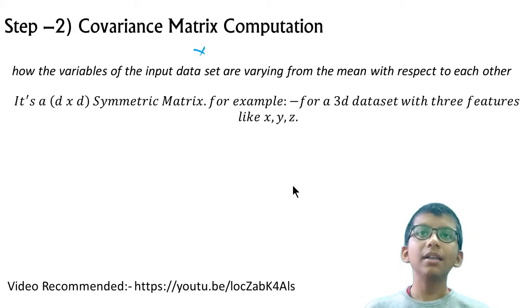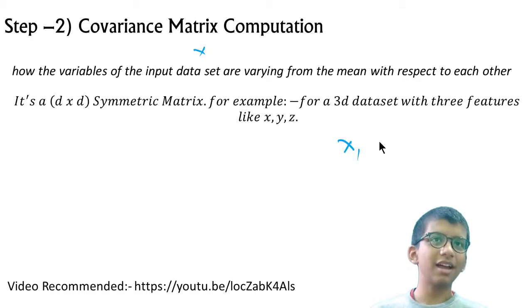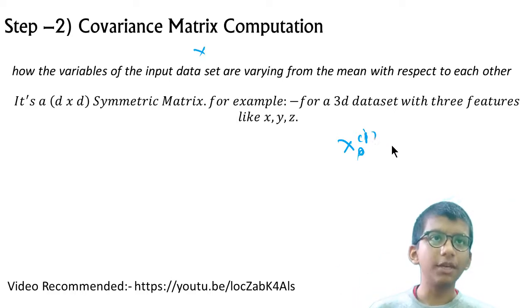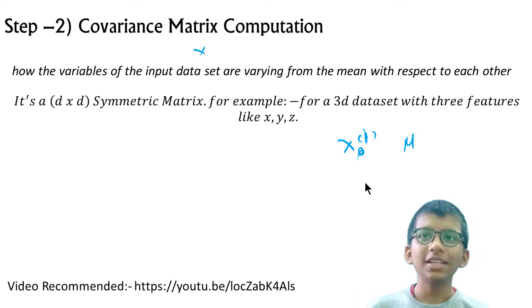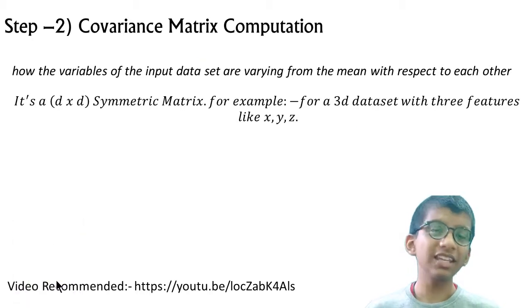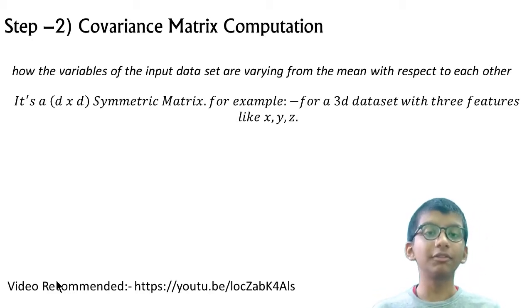Let's say this is my input data x1, and how much this is varying from our mean, which is mu. For that we take a covariance matrix, and this is the second step that will be helpful for us.